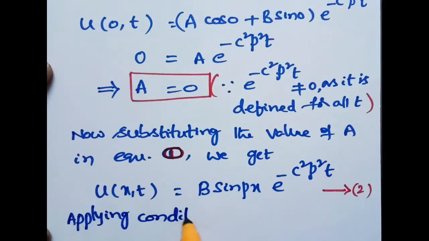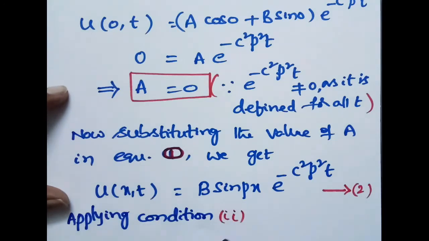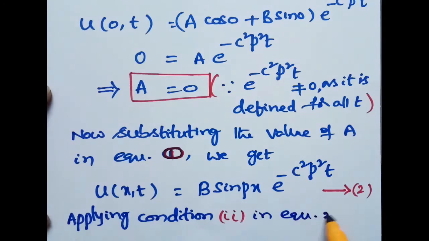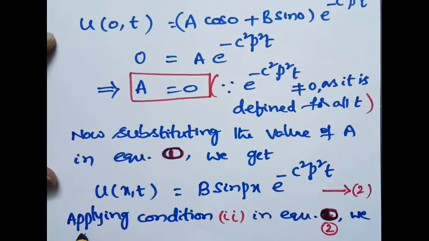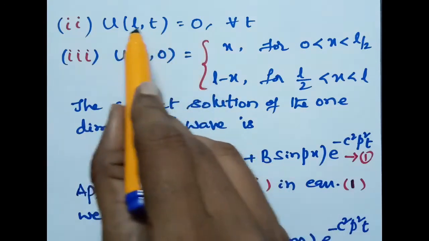Now applying condition 2 in equation 2. Now condition 2 is u of l comma t equal to 0 for all t.